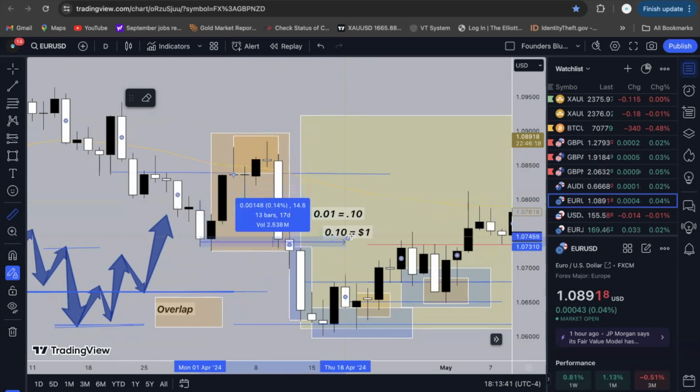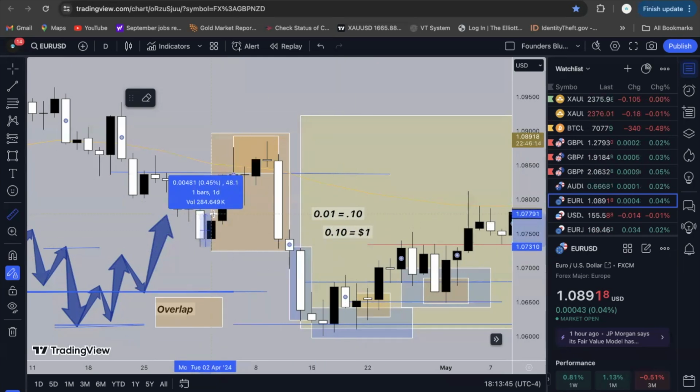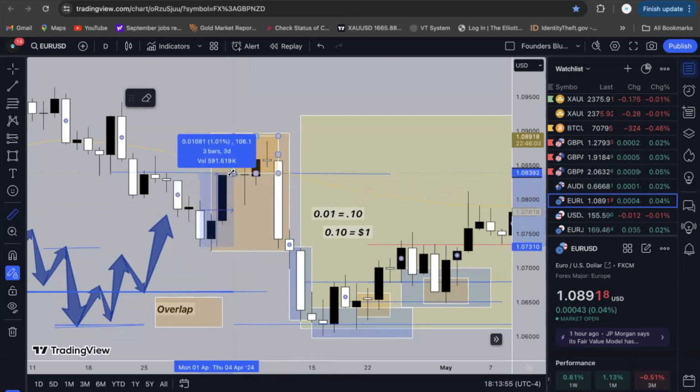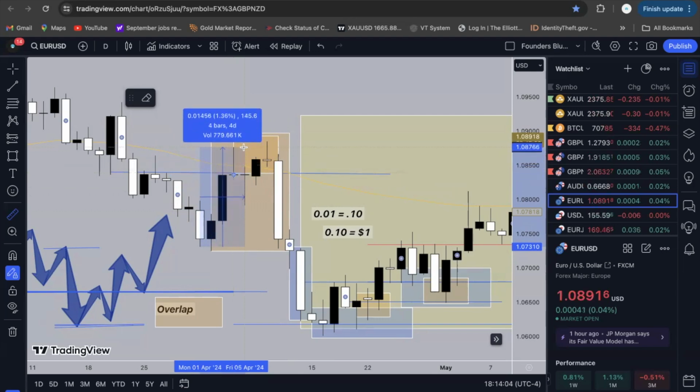Let's say you had a 0.10 that equals $1 per pip. From this one candle alone, that's $48 that you're down. If it continues to go up, now you're down $108. Let's say it started to pull back a little bit more. Now you're down $145.